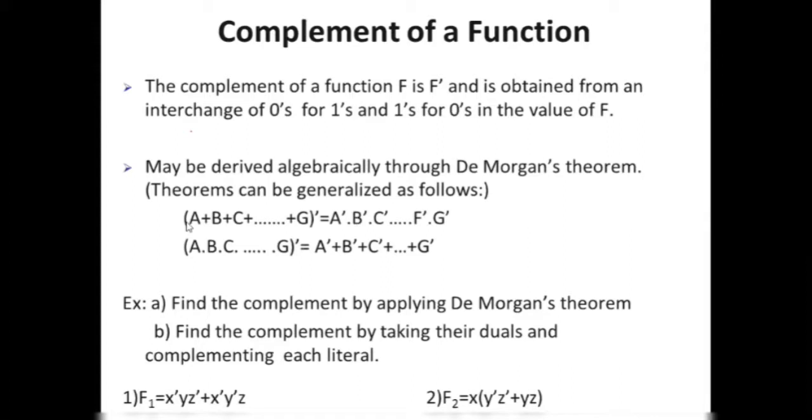The complement of A OR B OR C is equal to the complement of each and every element, and you get AND instead of OR.